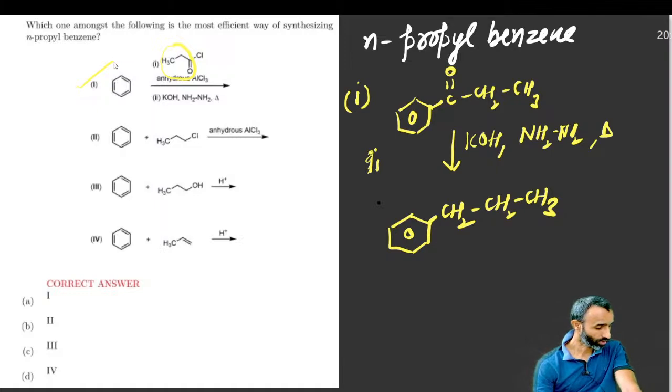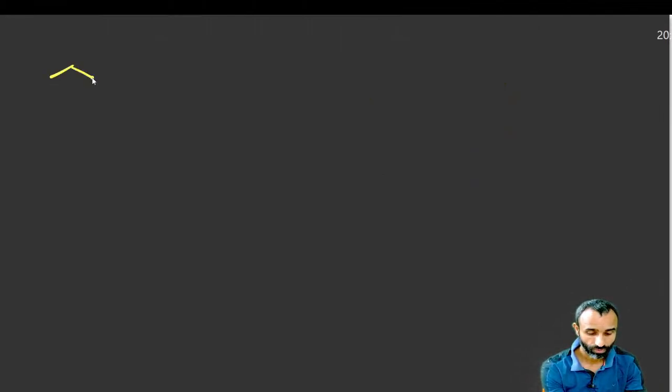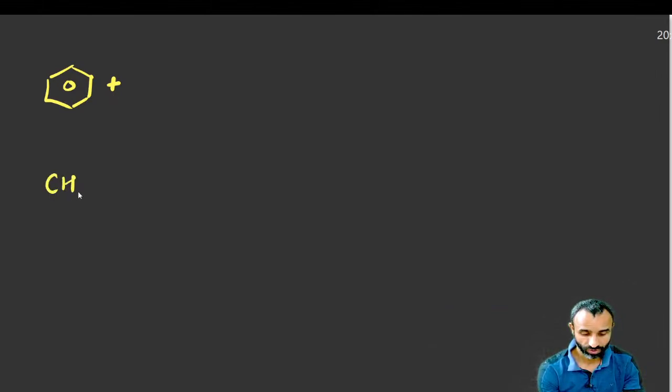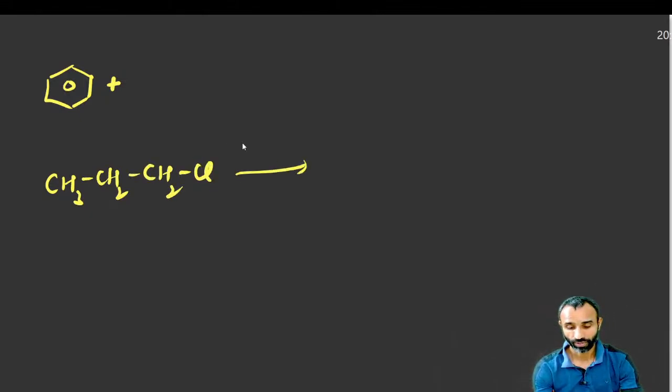Let us go to the second one. In the second one, we have benzene and CH3CH2CH2Cl in the presence of anhydrous AlCl3.